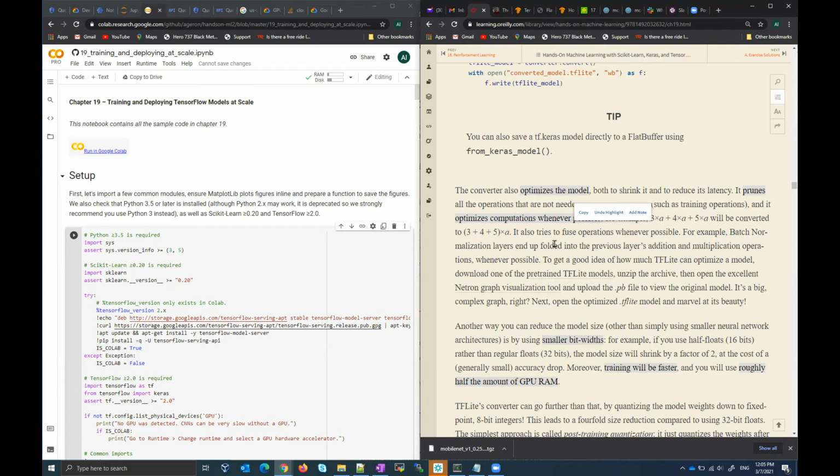It prunes operations that are maybe not needed for the prediction. For example, it also tries to compact or optimize some operations. For example, in this case there are several multiplications. It adds first and then multiplies, right? So it will be a simpler operation.